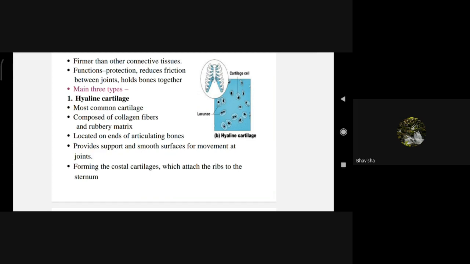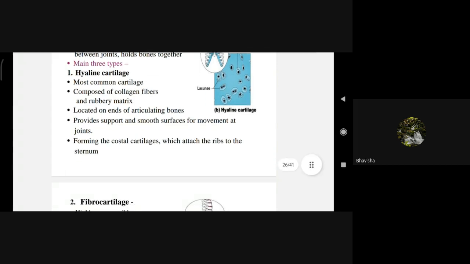So this hyaline cartilage is located on the ends of articulating bones, like in between the femur, tibia and fibula. It can also be found forming the costal cartilage, which attaches the ribs to the sternum.